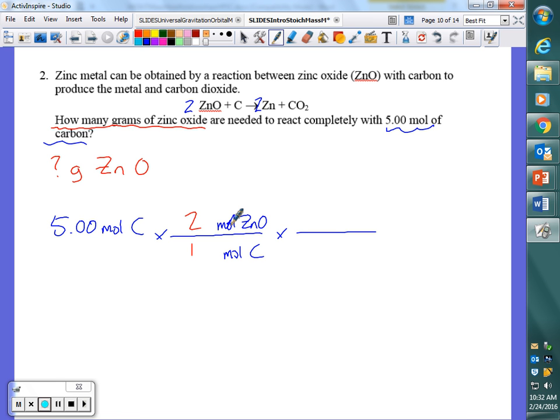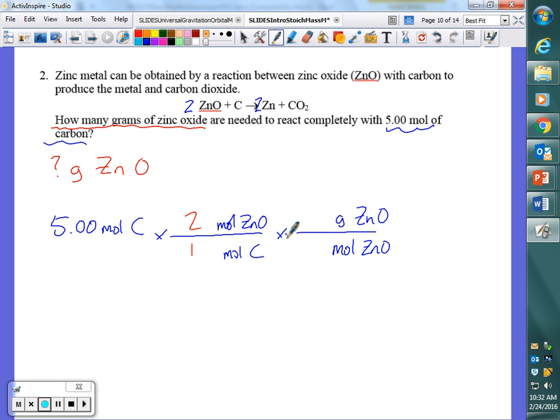Wait, 1 mole. Grams of what? Zinc, yeah. And then equals, let's see, zinc. It's 65.41. Heavy. It's 81.41.